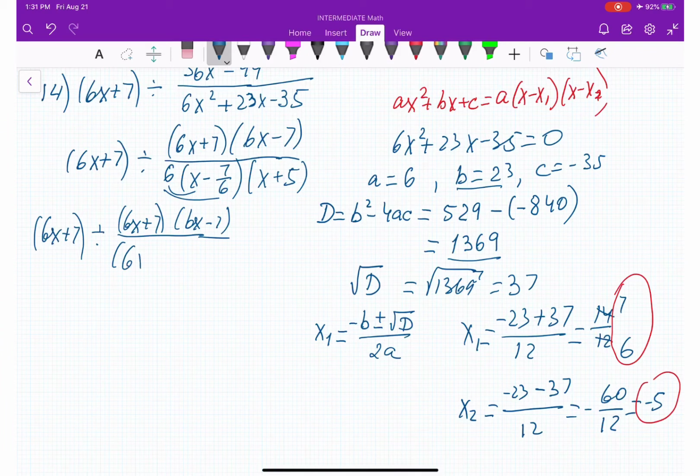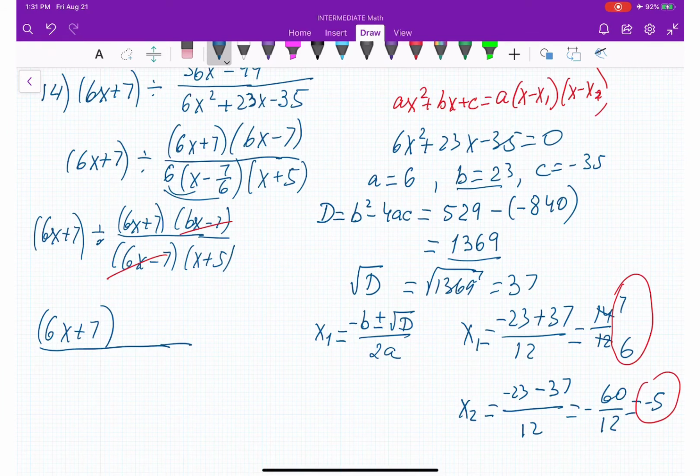I'll get 6x minus 7 and x plus 5, which means 6x minus 7 and 6x minus 7 will be cancelled. And when we divide 6x plus 7, that means we are going to flip the second fraction, right? If anybody is having trouble, go and watch how to divide fractions or rational fractions. From basic math, you can find division of fractions.